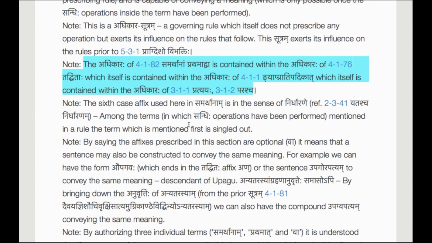That is because they are in the Adhikara of Ngyaapprathipadikat and also Pratyayah Parashcha. And this Adhikara Sutram 4.1.82, Samarthanam Prathamadva, exerts its influence on the section starting from here, 4.1.82, prior to 5.3.1, Pragdisho Vibhaktihi. Let us take a look at the next note now.